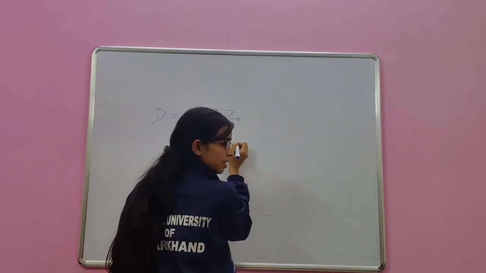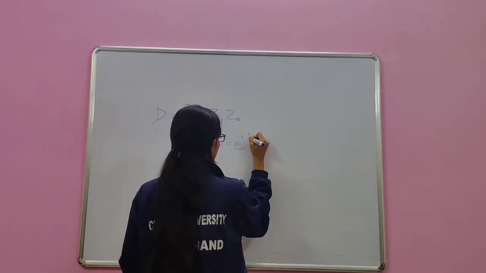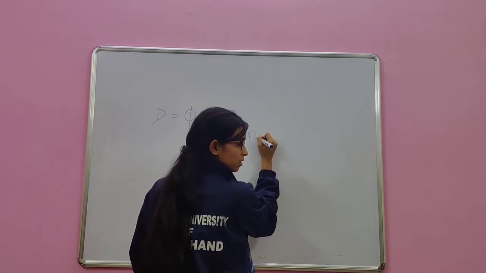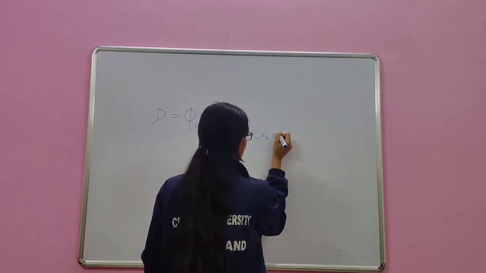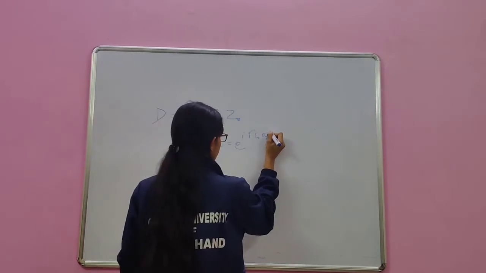Here is e to the power minus i gamma for the 0 qubit.